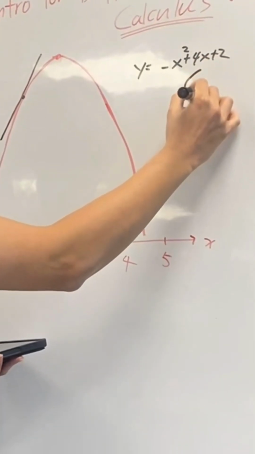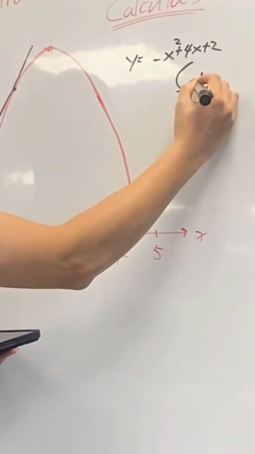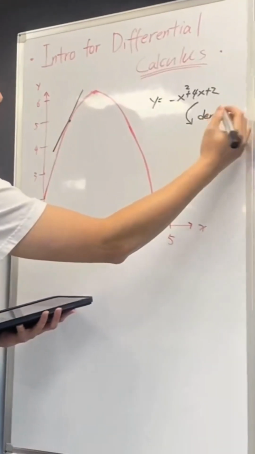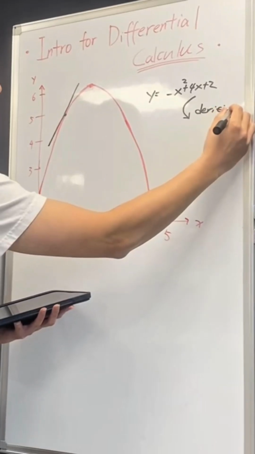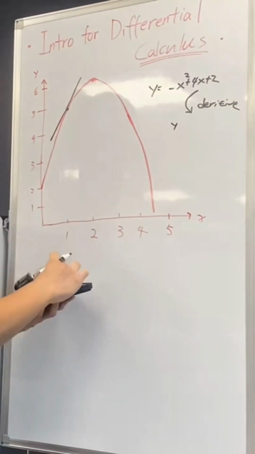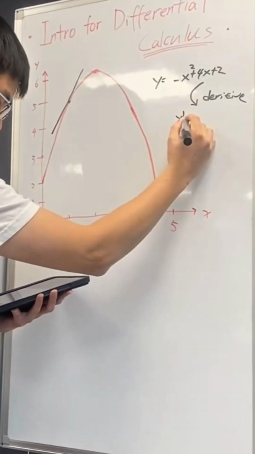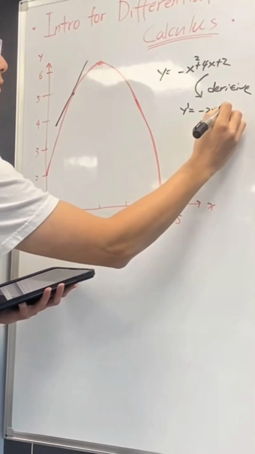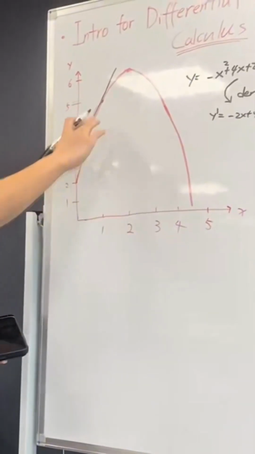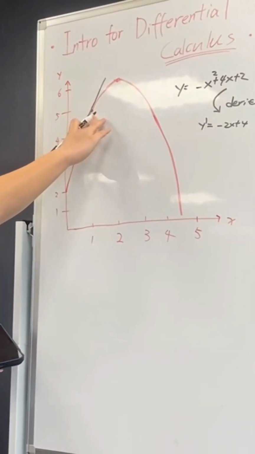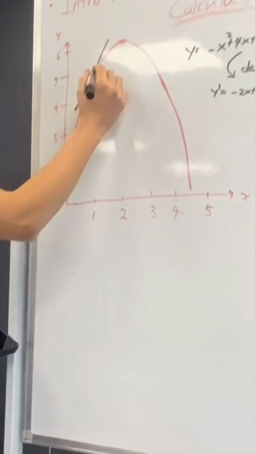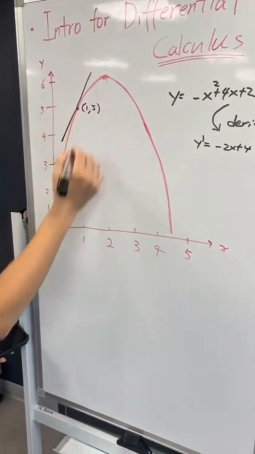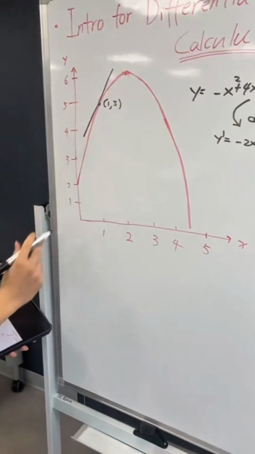And I'll talk about this later, but the derivative, basically just the slope at said point, is given by the equation y prime equals negative 2x plus 4. So the first point that we've chosen is (1, 5), so 1 for x and 5 for y.